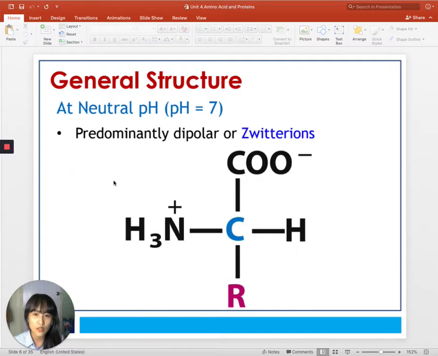Zwitter ions are compounds which have no overall electrical charge, or a zero net charge, where this is designated as its isoelectric point. Amino acid reactions are therefore very pH dependent. At a change of pH, amino acids tend to accept or donate protons.